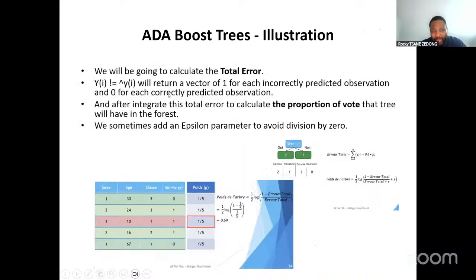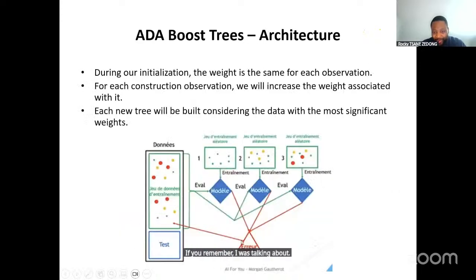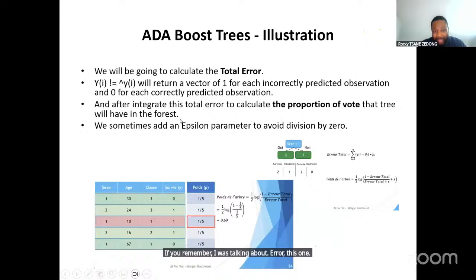So we are going to calculate the total error. If you remember, I was talking about error, this one. We can calculate it by making the sum of, if we have this function, a vector of 1 for each incorrectly predicted observation and 0 for each correctly predicted observation.